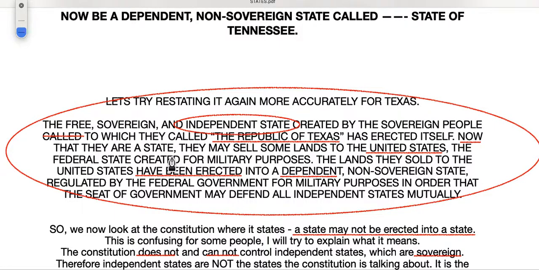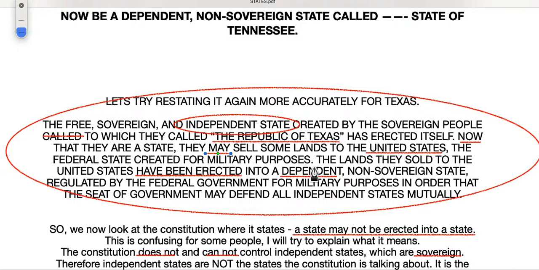Now that they are a state, they may sell, which is the same as cede, some lands to the seat of government called United States. This is the federal state created for military purposes.